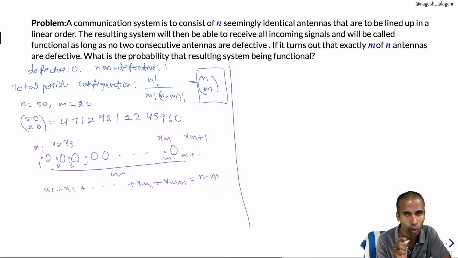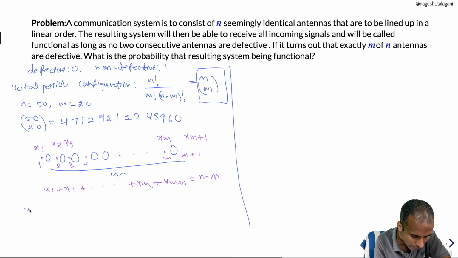And if you want your system to be functional, make sure x2 is positive, x3 positive, so on, xm positive, because between any two zeros there should be at least one 1. And there is no condition on x1 and xm plus 1. They can be non-negative.